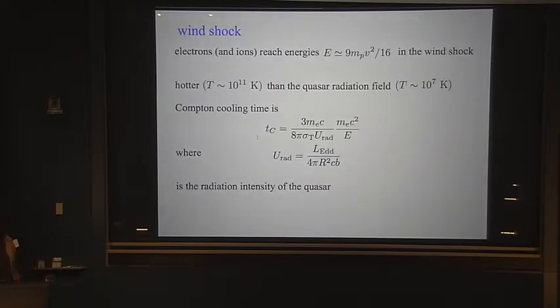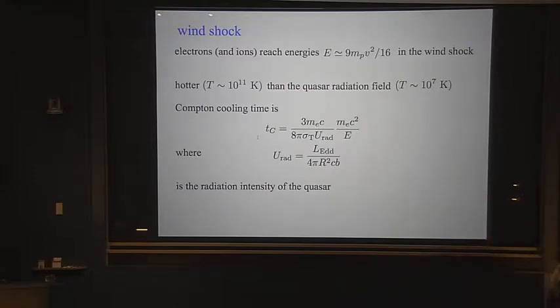So I guess this answers your question in terms of temperatures. You can have really high energies imparted to the material in the wind shock, and it's extremely hot. It's hotter than the radiation field of the quasar, which, remember, we calculated yesterday, was about 10^7 Kelvin.